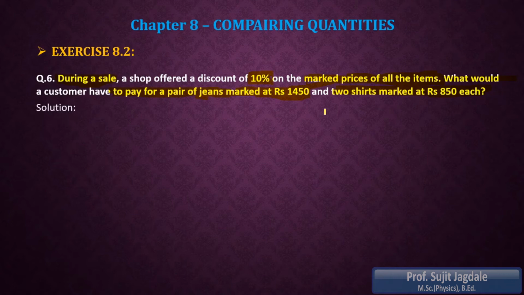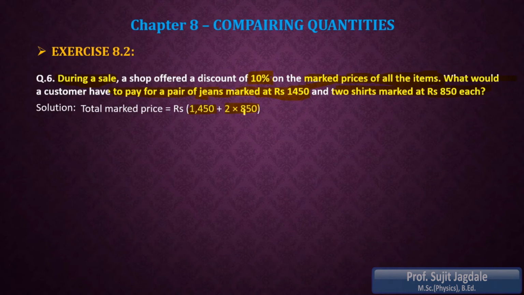Now we are going to consider the solution. We have to calculate the final price that the customer should pay. That means you have to decrease the 10% discount from the marked price. Suppose I calculate the total marked price for the pair of jeans and two shirts marked at 850 each. The pair of jeans has the value 1450, so there is no need to multiply, but each shirt has the value 850 and he is buying two shirts.